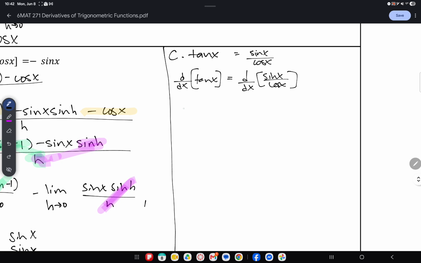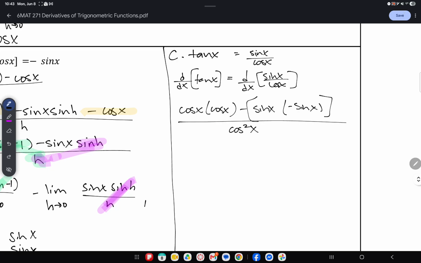So low, and then d high minus high times d low, all over low low.